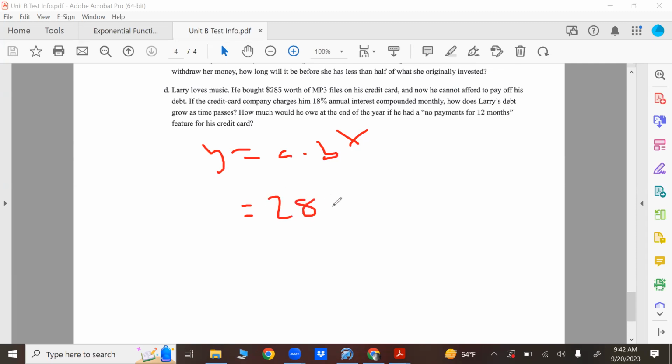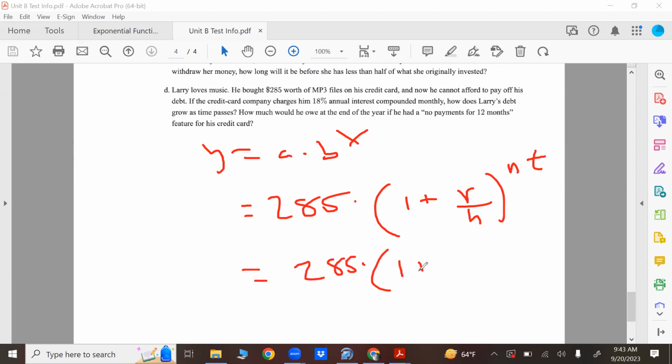285, perfect. Now, this is the part that's tricky. Instead of 1 plus r, you have to do r over n, and instead of x, you have to do nt. That's just a slight adjustment you have to make. It's not hard. What's the rate going to be, guys? And how many times per year? 12 times.